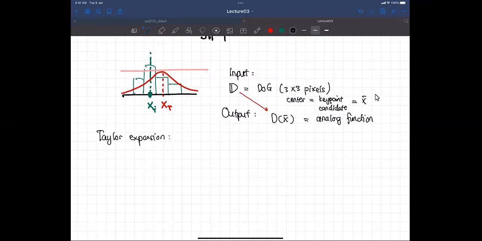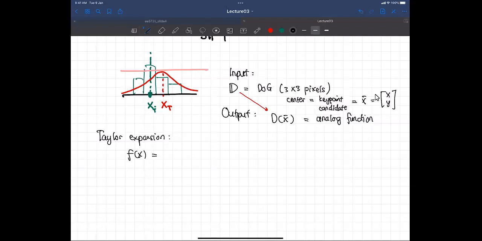So Taylor expansion. You know, f(x), for example, in x is one dimension, although our x is with two dimensions, x and y. But let's assume here for the simple example, x is a single variable.